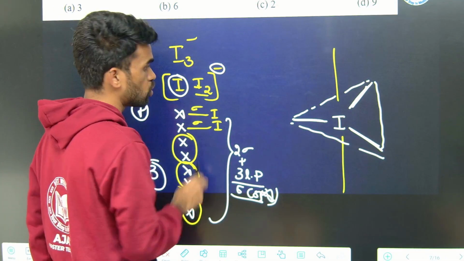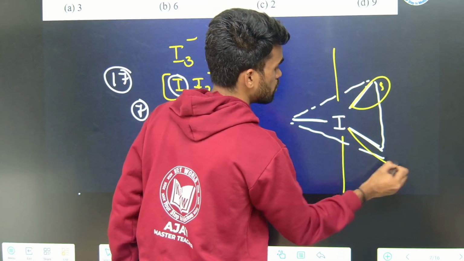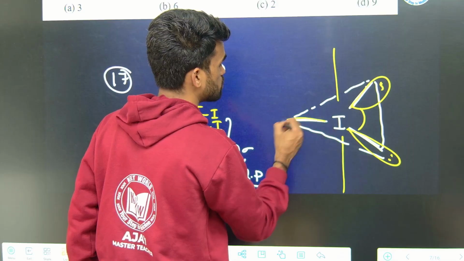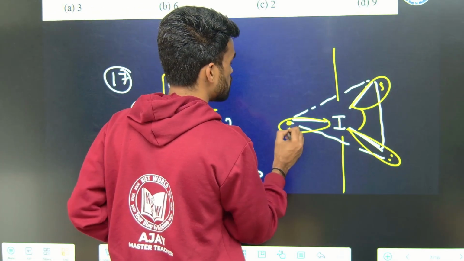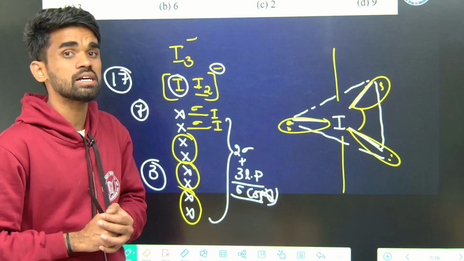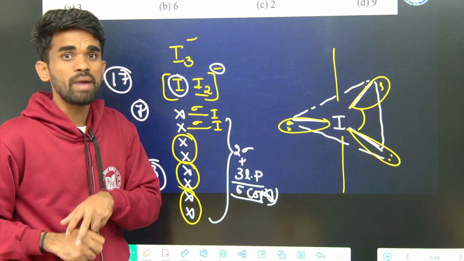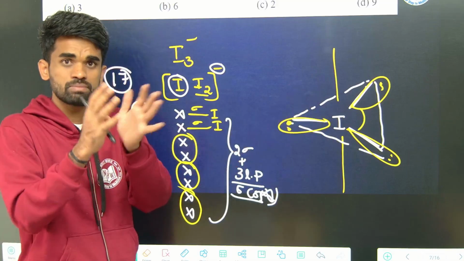You place the lone pair electrons in these equatorial positions like this, because they are separated by a 120 degree angle, which is the maximum separation in this particular structure. Lone pairs should be kept at the maximum separated angle because if they are very close, they experience maximum repulsion. So to minimize the repulsions, we place them with maximum separation.